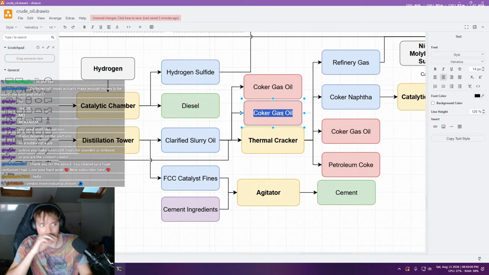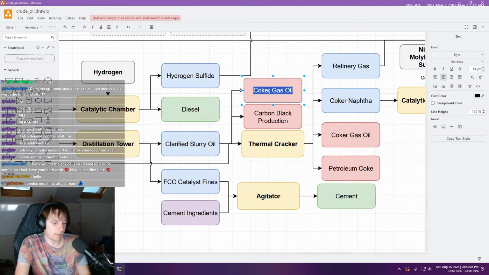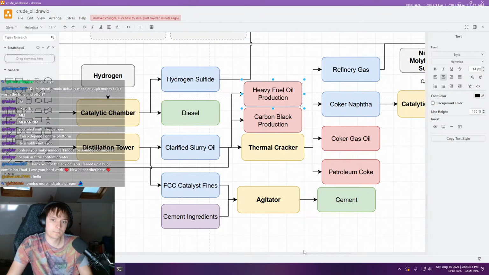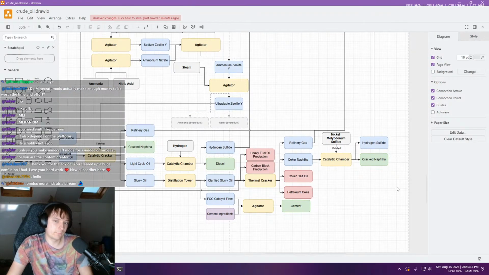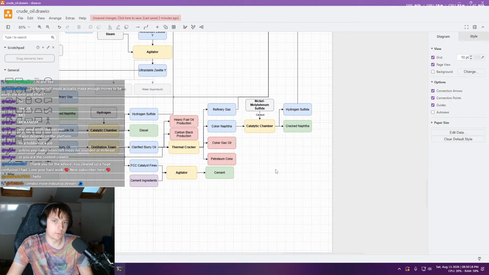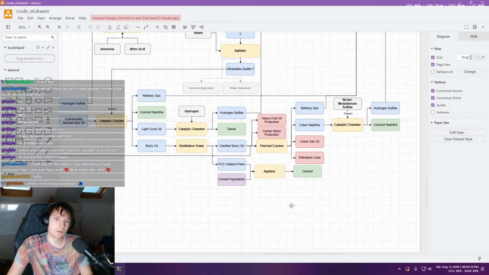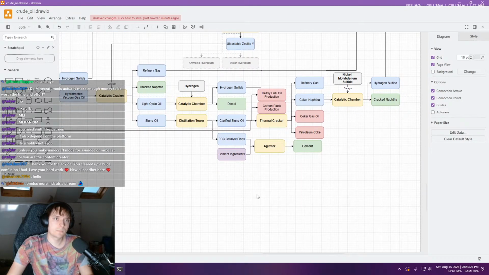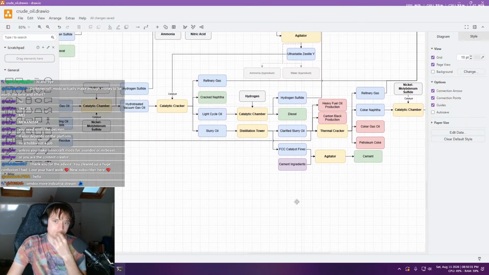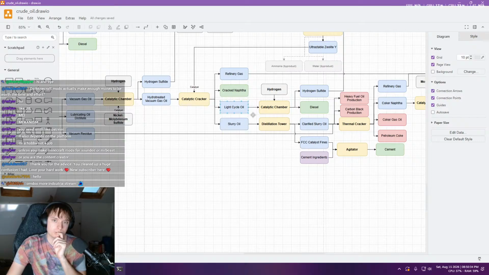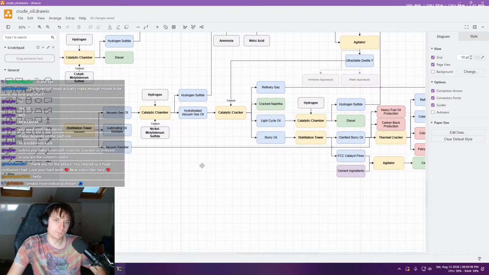So this can basically be used for carbon black production. And we're going to put in heavy fuel oil, but it's not important at the moment, so we'll just leave them out. As far as we're concerned right now, they don't exist. So that's fine. Okay, so now that's all of the slurry oil.